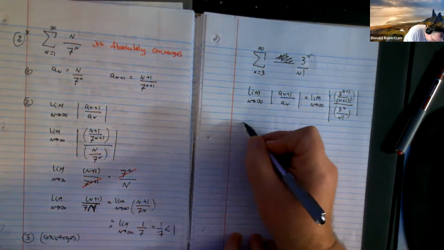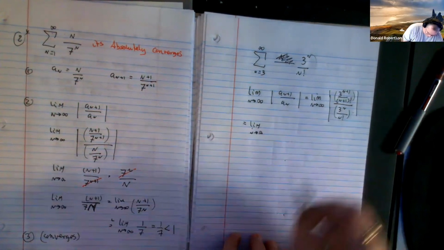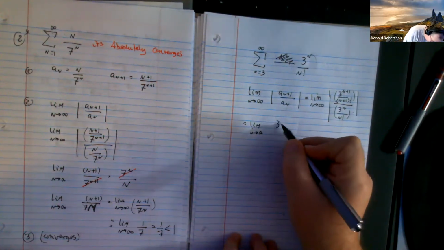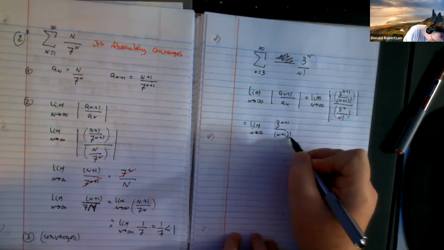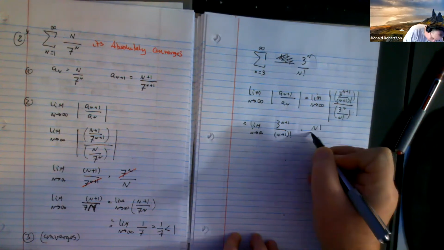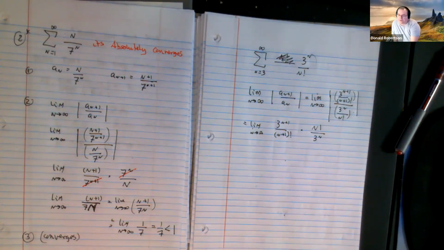Now, next line, in this case, I'm going to get rid of the absolute values because everything here is positive. And I'm going to take the guy on the top and leave him alone and reciprocal the other guy. So far, so good.